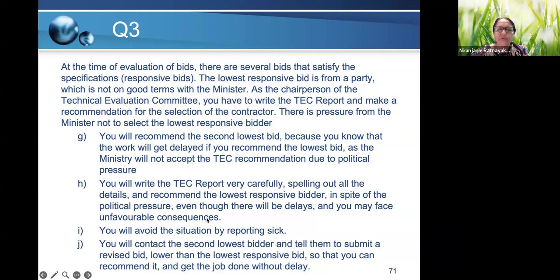Here you don't worry about the minister. You carry out your duties as you should. Here you avoid the situation by reporting sick.